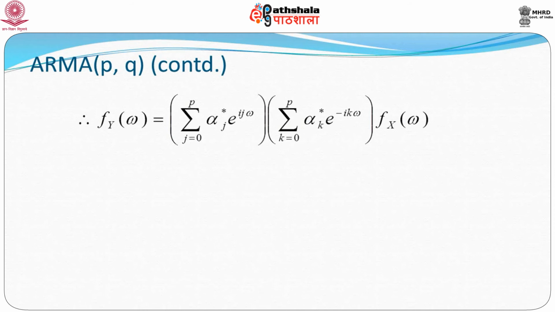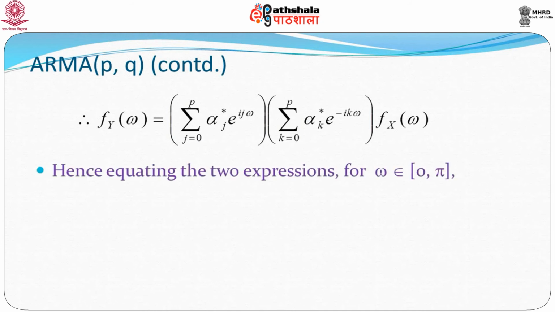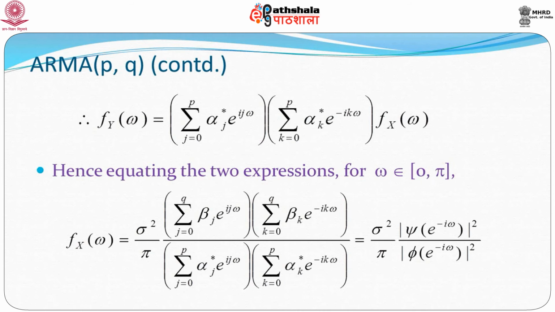Now since we have another expression for f_y(omega), we can equate the two, and then for omega belonging to 0 to pi, we can get f_x(omega) as sigma square by pi into this ratio. If you equate them, take this coefficient of f_x(omega) to the left hand side as a denominator, and you get this.